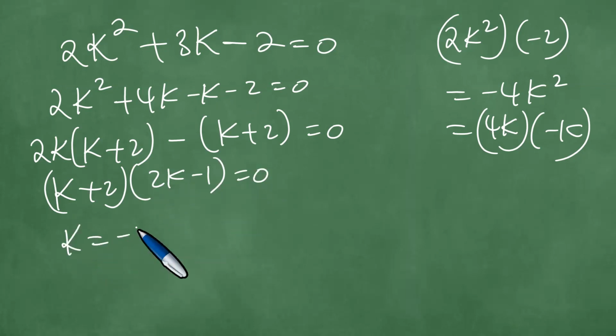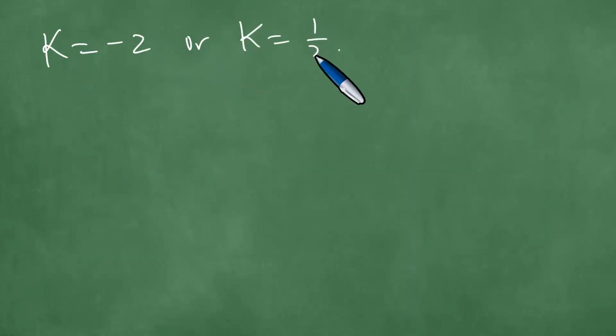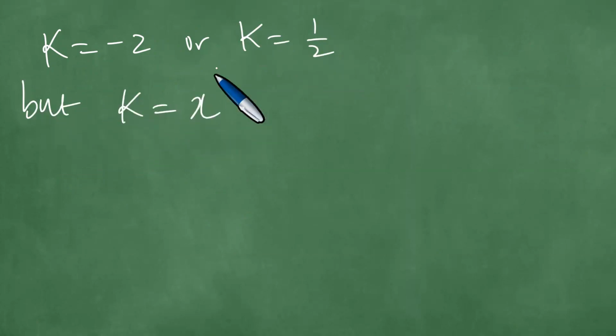And this is k equals minus 2, or k equals 1/2. Right, so we have got that k is minus 2, or k is 1/2, but k is x to the power 1/3.